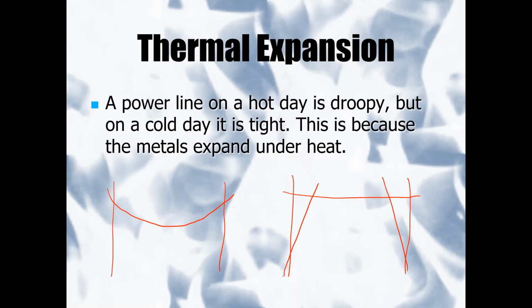Likewise, if you installed them really droopily on a cold day and then it got hot, they could hang down so far that they would then become hazardous. So engineers need to actually know exactly what tension to put on these cables depending on the temperature.